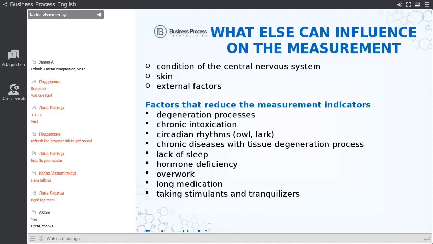There are some characteristics which can influence and reduce the measurement indicators. These are degeneration processes. Some chronic intoxication can reduce the results of the measurement. Some circadian rhythms, for example, depending on the person, if the person is used to waking up very early and feels well, or if the person is used to waking up very late.